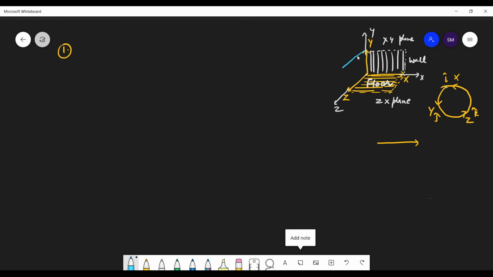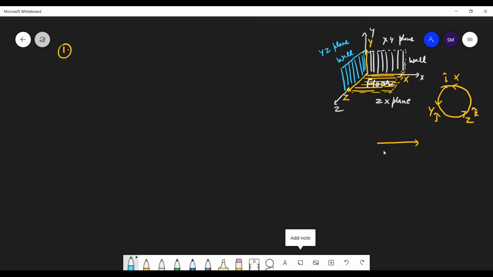So parallel to Z, parallel to Y, make a parallelogram. And that is your another wall. So this is floor, this is XY plane, your one wall, this is ZY plane, or you can say YZ plane. Students, this is very important now to understand physics, okay?